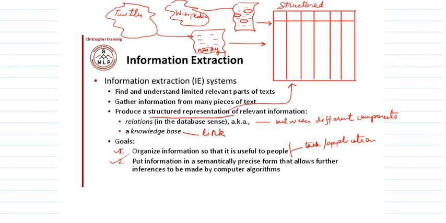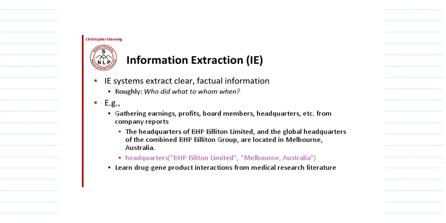Information extraction can roughly be defined as: who did what to whom when. So we ask these questions for a given piece of text, right? When we say who, it is a person name, and when we say what, it may be some kind of event, and whom may be again a person, and when may be some kind of time, date, or event, right?